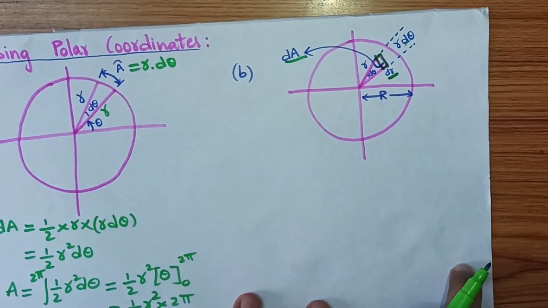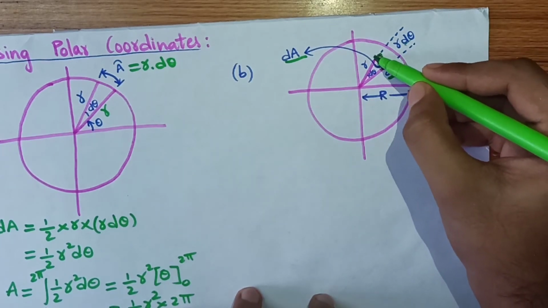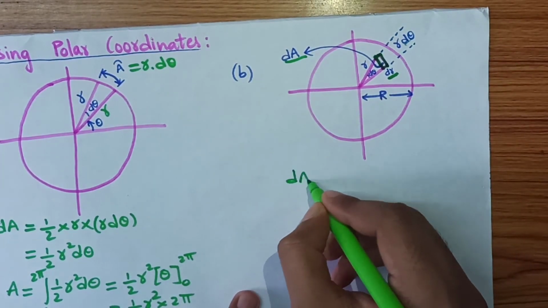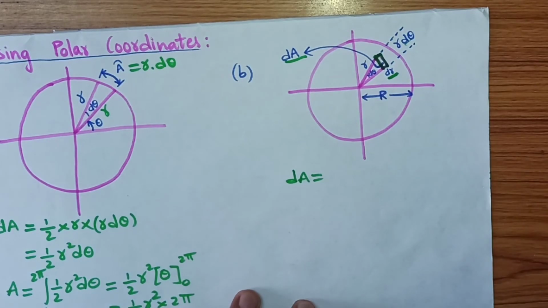Firstly, this small accumulated area looks like a rectangle. So the small accumulated area is a rectangle. The area of the rectangle will be the product of two adjacent sides.